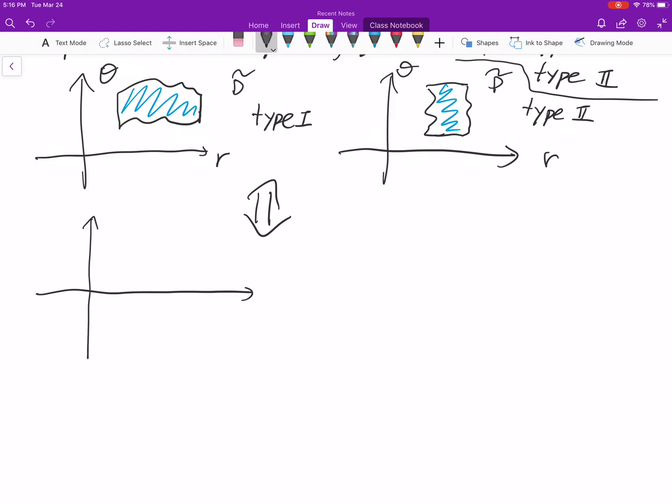What does it look like? For type 1, probably; for type 2, actually it's easier. So let's see. Because of your angle, let's draw. This is red, this is red, and correspondingly you have red here, and then you have a green one.